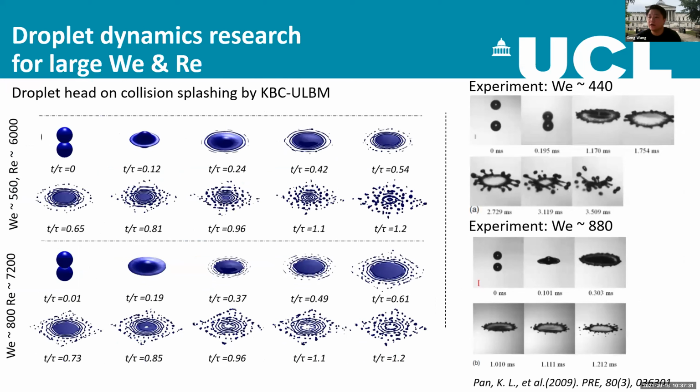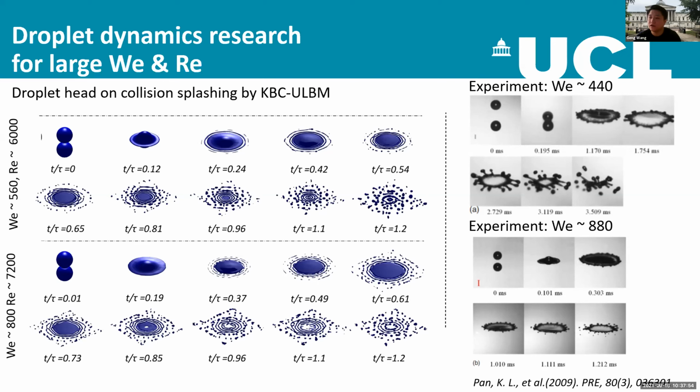Finally, we test a more demanding case by using the KBC ULBM. We reproduce the bioring droplet head-on collision spray at a very large Weber number and Reynolds number. In this simulation, the maximum Weber number can reach 800, and the maximum Reynolds number can be over 7,000.